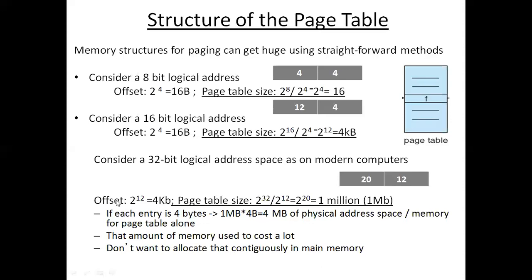The total is 32, and among the 32, 12 are for the offset. So what are we left with? 2 to the power of 20, which is almost 1 million entries, or 1 megabyte. It means this page table will need 1 megabyte of data just to hold the mapping of page number and frame number. That is quite huge, right?